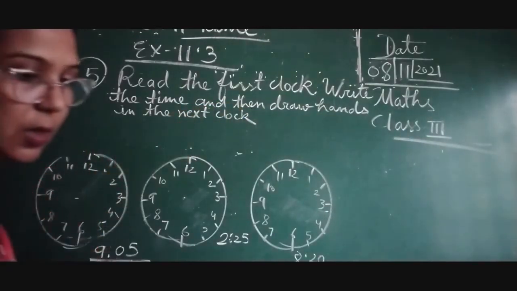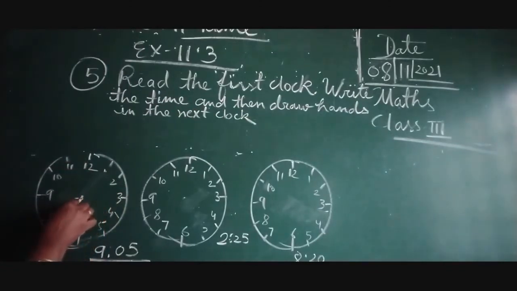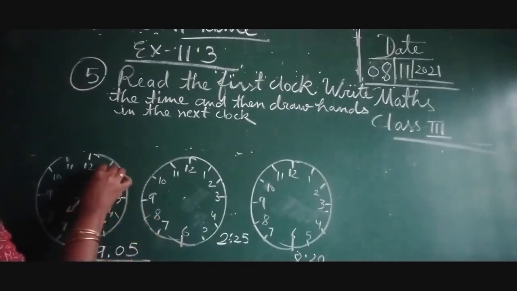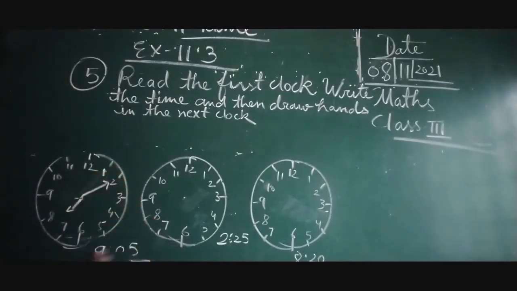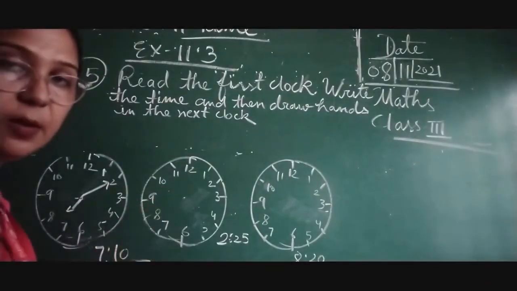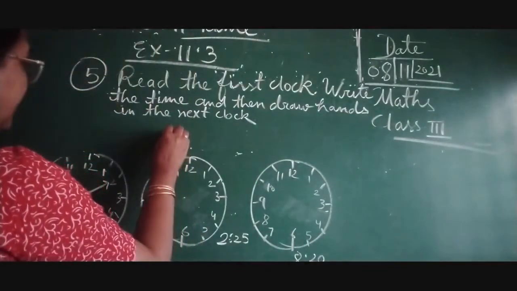Now here children, I am going to draw the first clock. The shorter hand is at 7 and the bigger hand is at 2. Okay, it means this is 7:10. This is 7:10. It means 10 past 7. It means 10 minutes past 7. Now we have to draw over here 1 hour later.